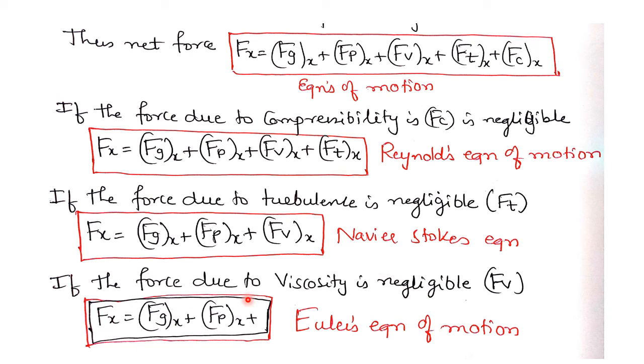This equation, where only gravity and pressure forces are considered, is called Euler's equation of motion.